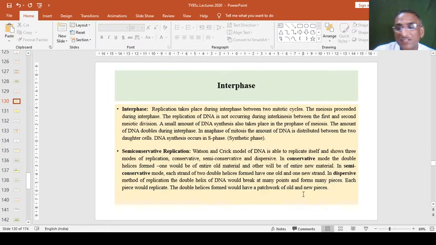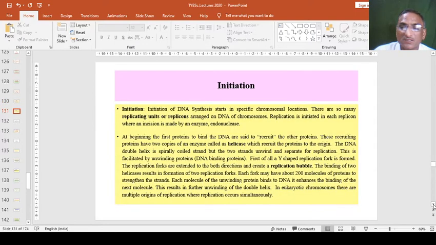In this way, the conservative, semi-conservative, and dispersive methods of replication occur.